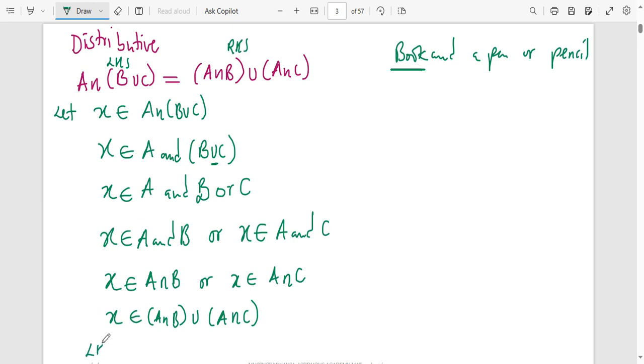This means that the left hand side is going to be a subset of the right hand side.